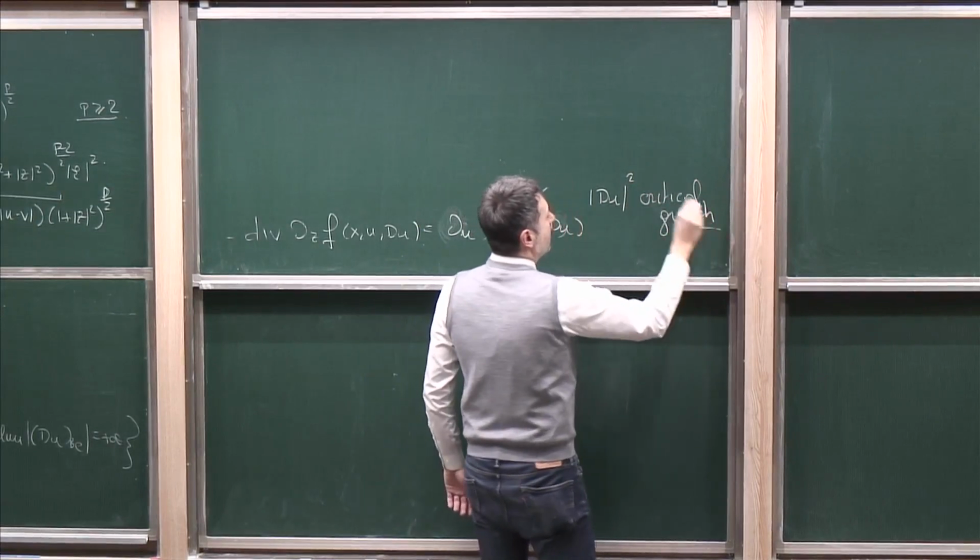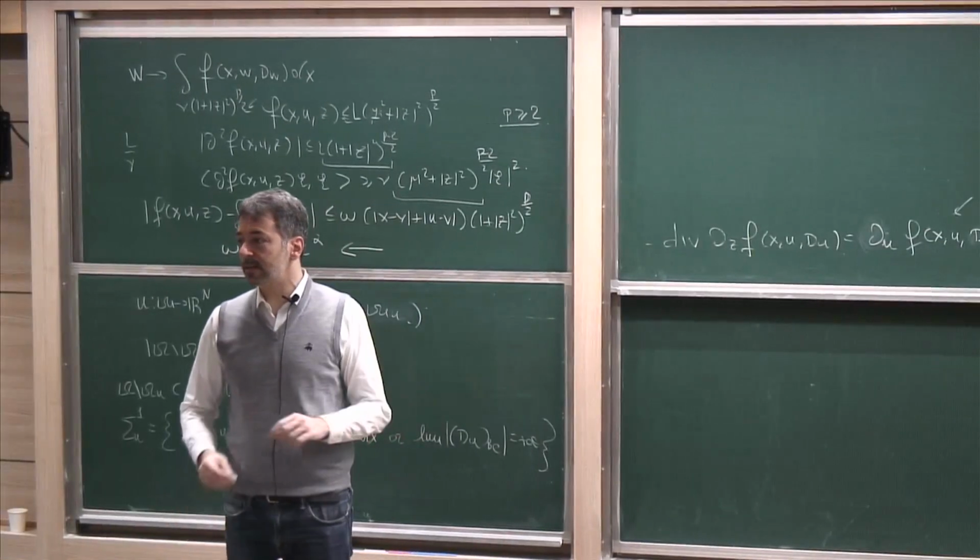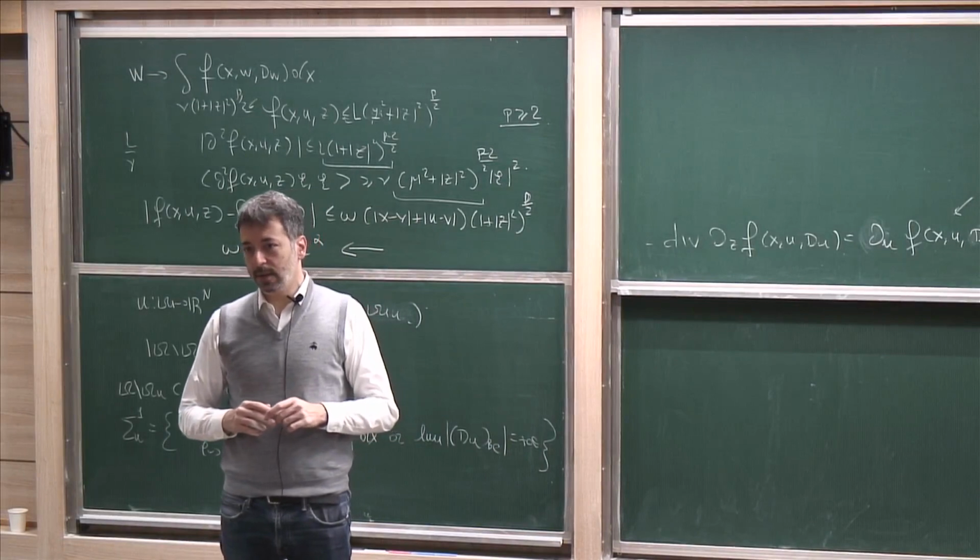It is very difficult to deal with systems with critical growth unless you have a smallness condition on the right-hand side, which is not the case in general here.